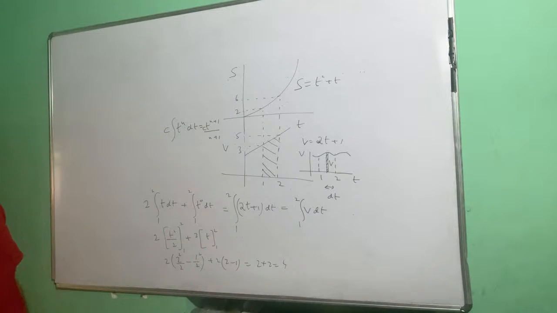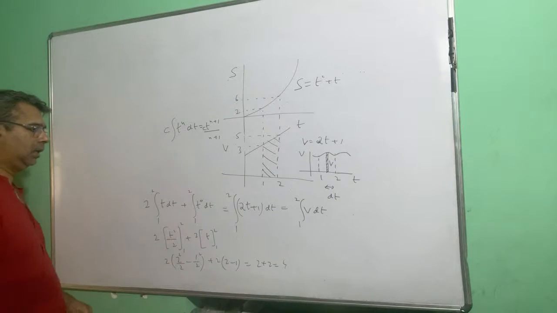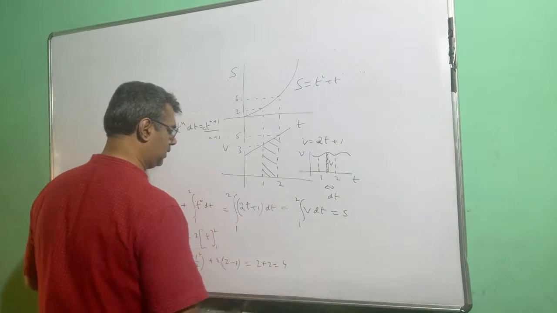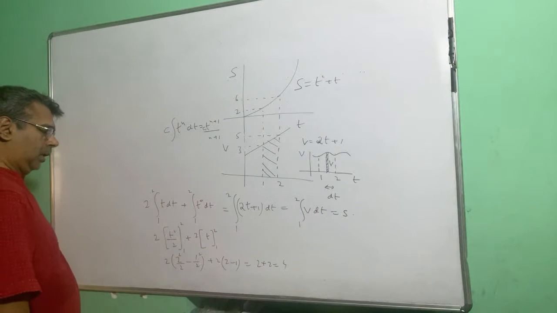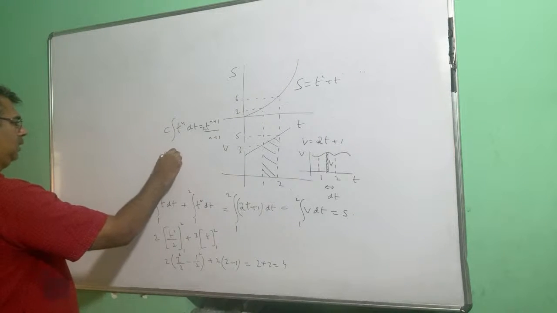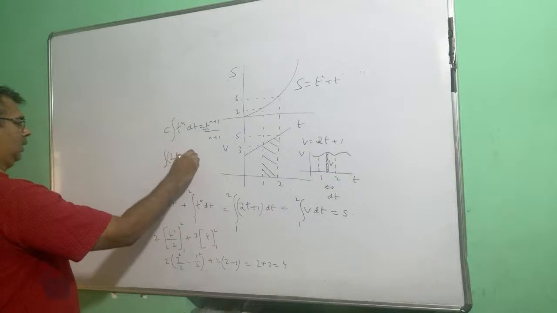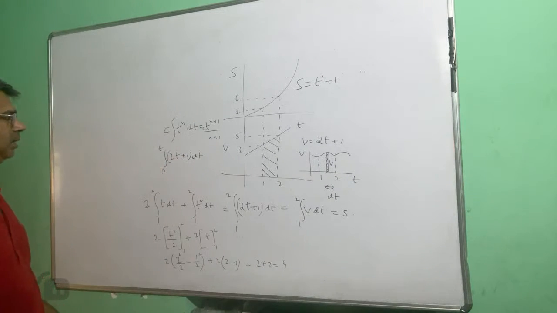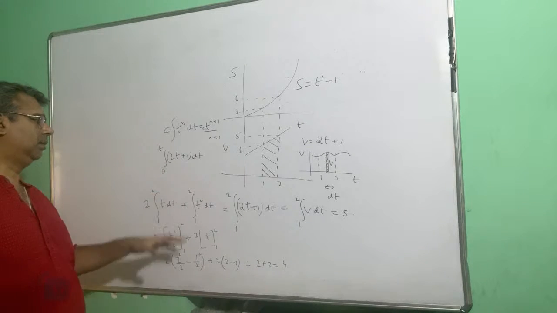On the other hand, if you just want a formula for the displacement, then what you should do is, when you are doing the integral, you should write lower limit as 0, and upper limit you can just write a variable t.